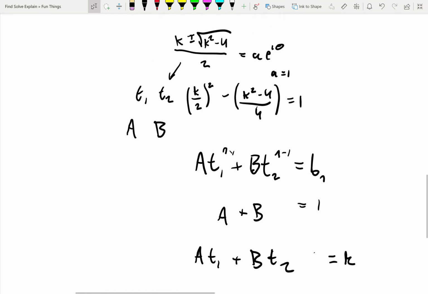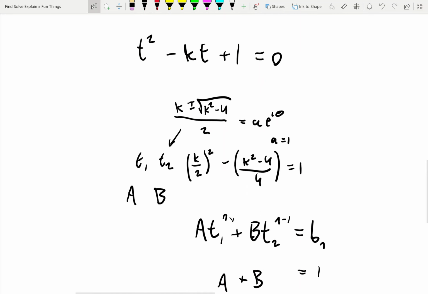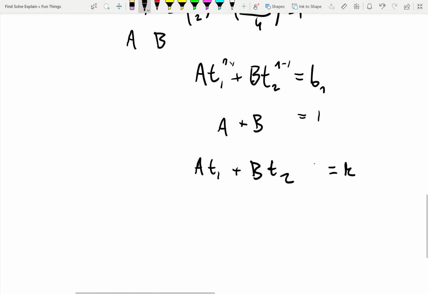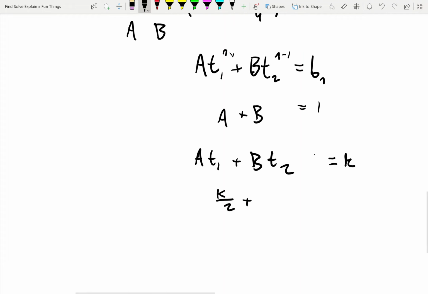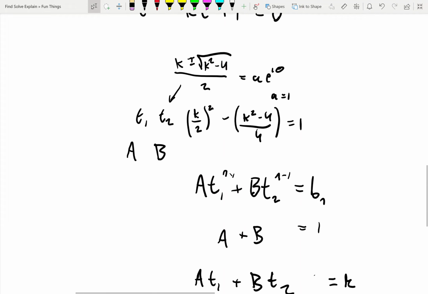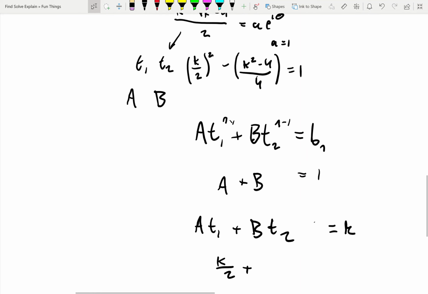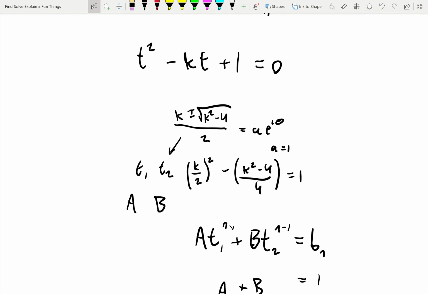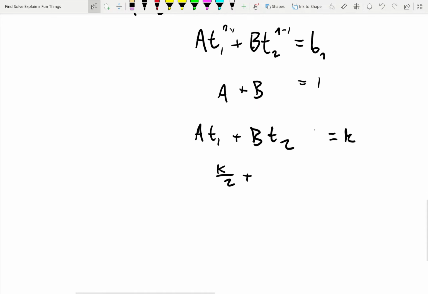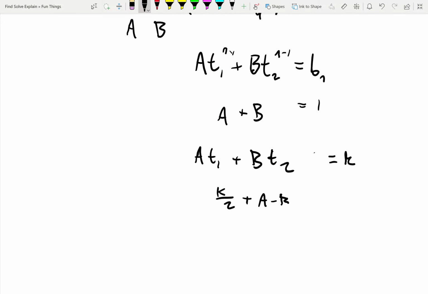And the first part of t1 and t2 is the same, k over 2. So we have really k over 2 plus the complex part of a minus b, as one of them has a minus, which is therefore equal to k.